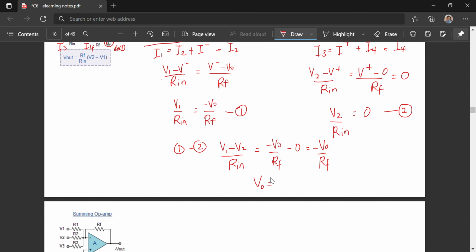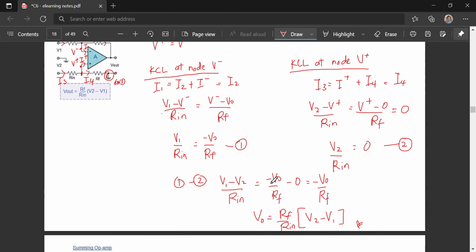So we have V out equals R F over R in times V2 minus V1.